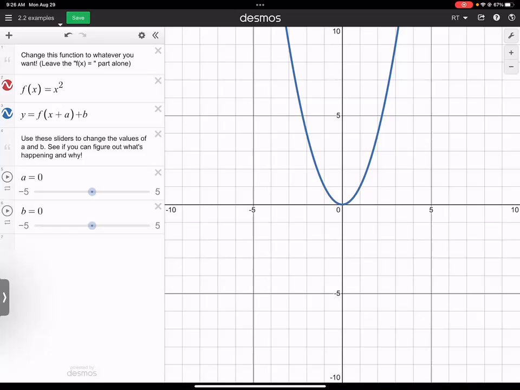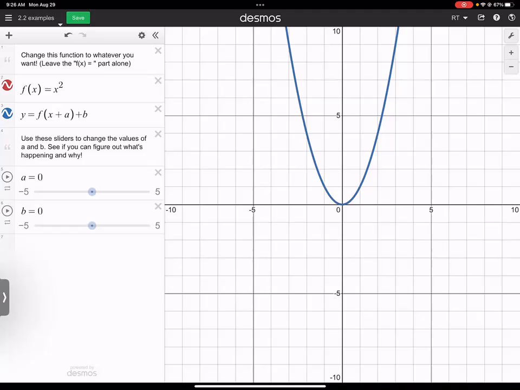Okay, so tell me what you see. Okay, so Kennedy says changing a moves things along the x-axis, changing b moves it along the y.